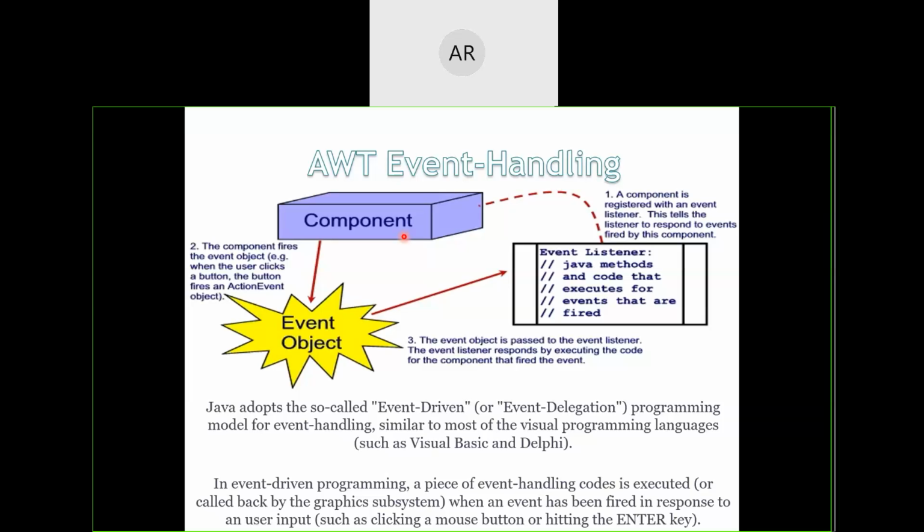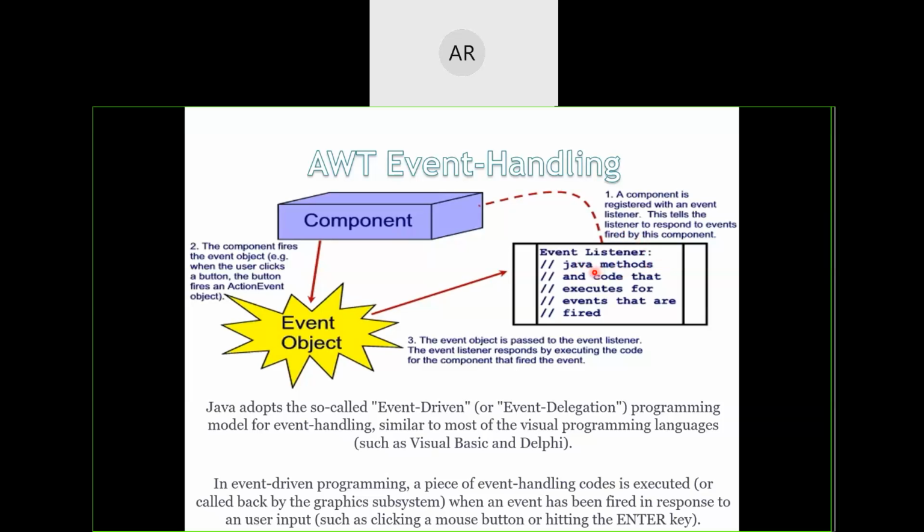Is the key being entered or not? Have we selected a checkbox or not? Have we selected a checkbox group or a choice element or not? Like that, the current state of the component is always monitored by the event listener interface.